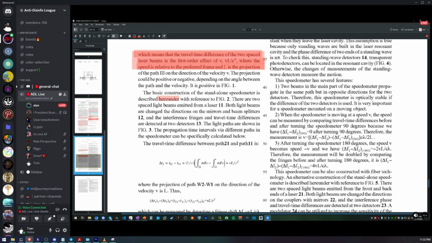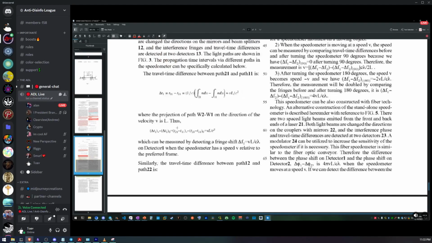So the basic instruction. Okay, with the projection, which can be measured by detecting a fringe shift of delta F sub 1 equals V times L over C lambda on detector 1 when the speedometer has a relative speed to the preferred frame.